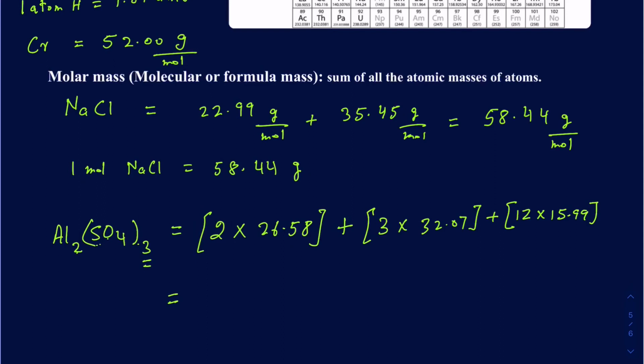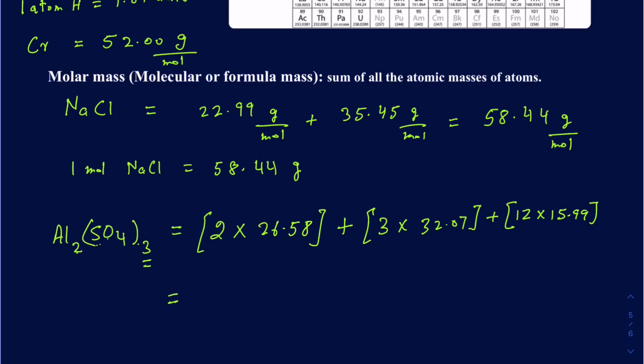So we have 2 times 26.98, and then 3 times 32.07, plus 12 times 15.99.